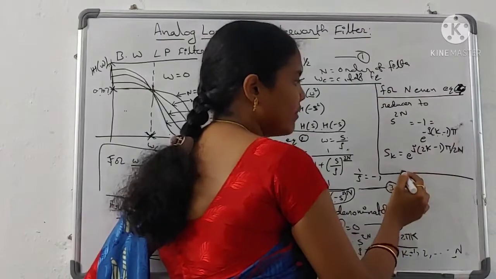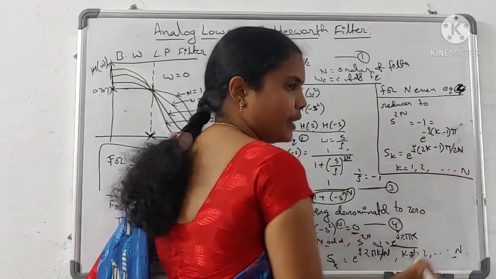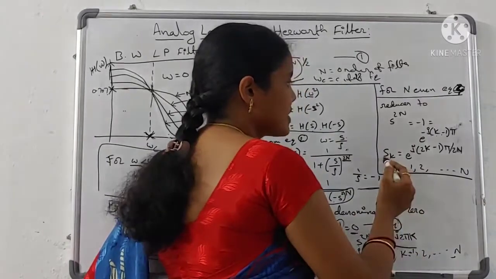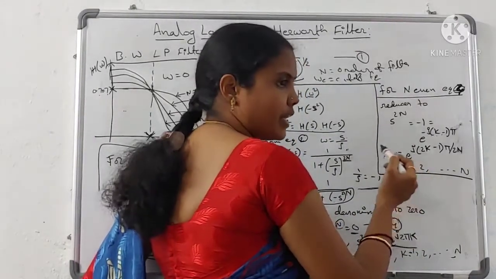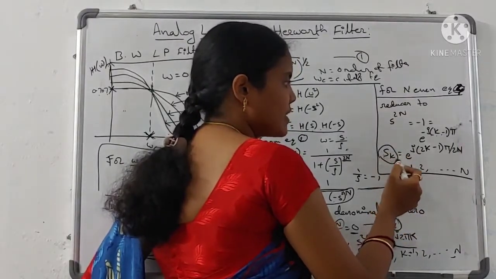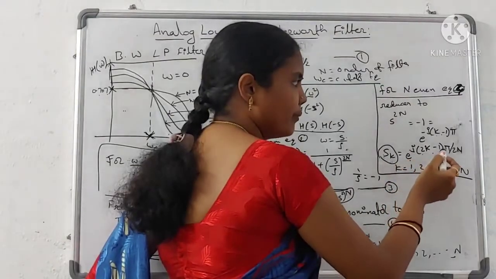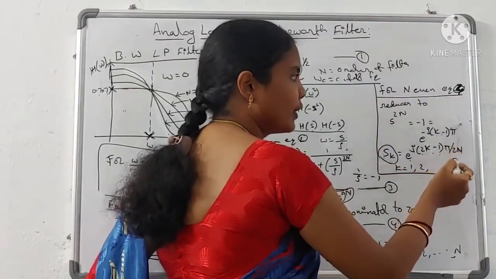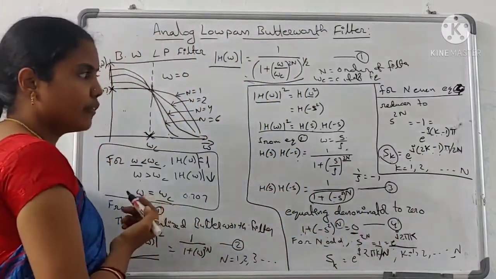The k values are 1, 2 and so on up to n. S suffix k is equal to e power j 2k minus 1 into pi by 2n.